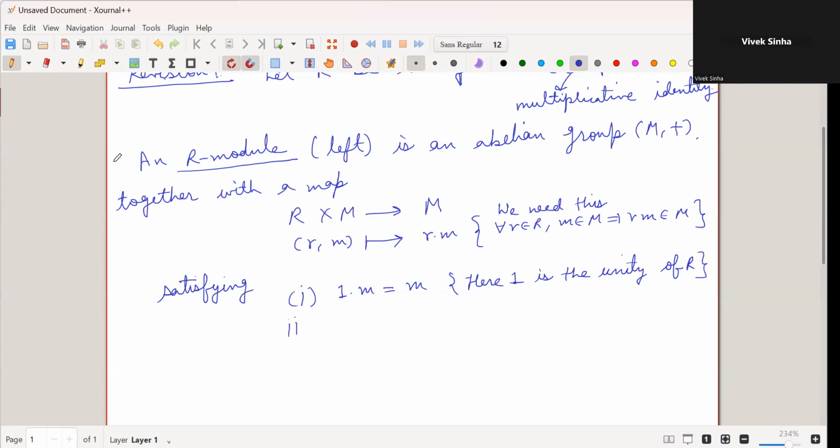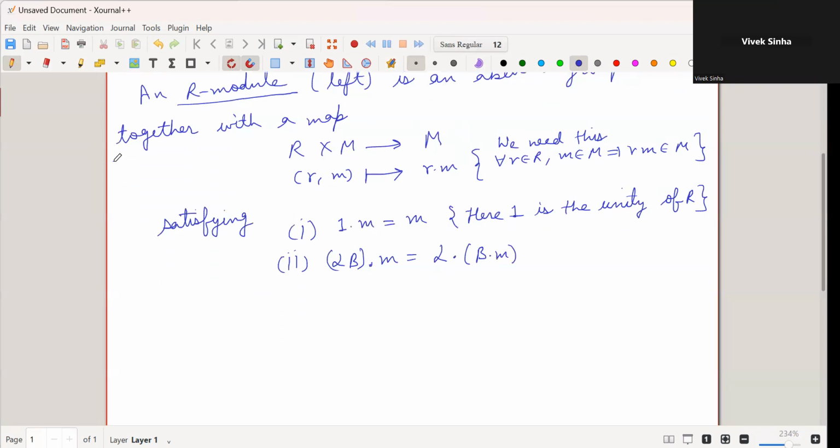Second, the scalar multiplication should be associative in nature. That is, alpha beta multiplied with m should be equal to alpha multiplied with beta multiplied with m. So this is the associativity of the scalar multiplication.